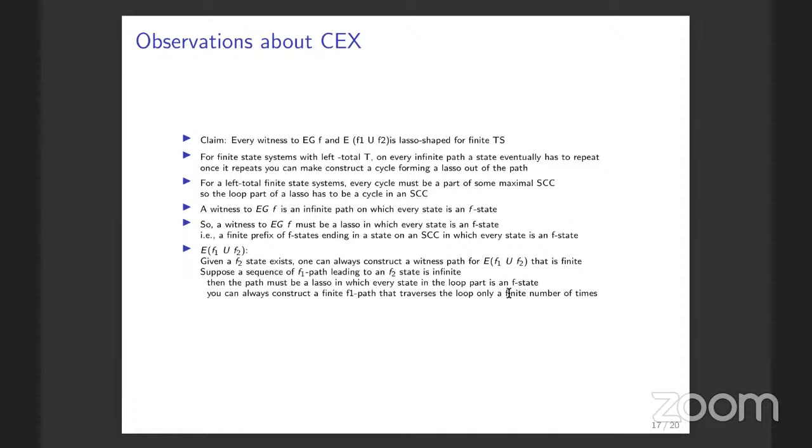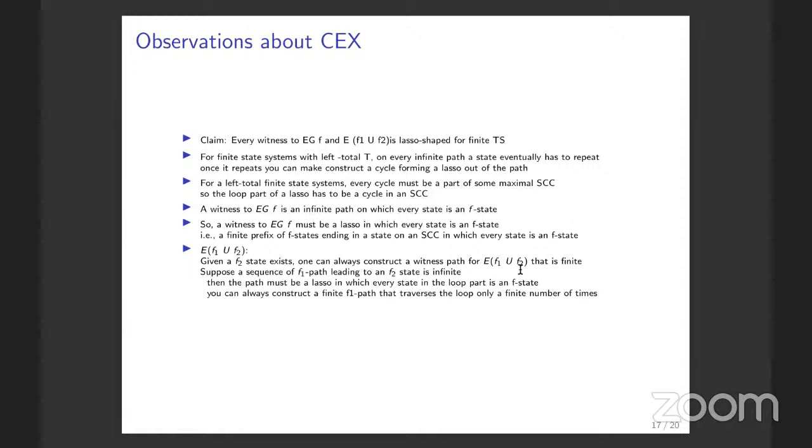You can always construct something in which the loop part is traversed only a finite number of times, and that's why you don't have to look for lassos when finding a witness for EF1 until F2, especially if your starting point is an F2 state.